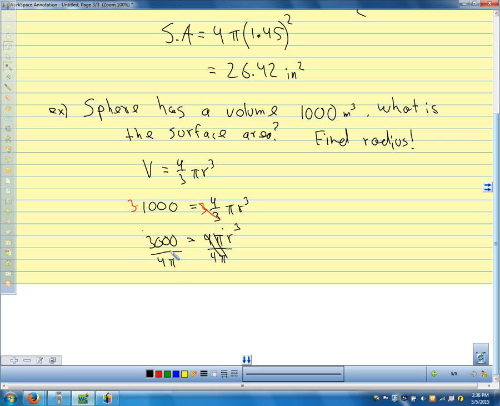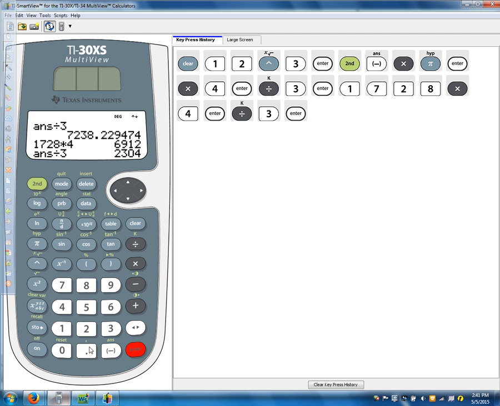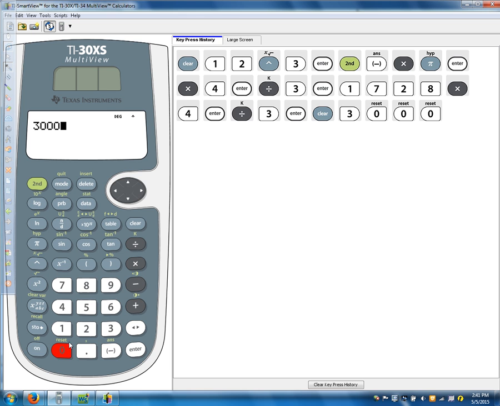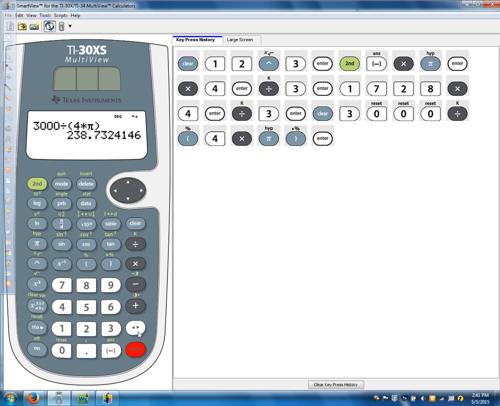If I plug that in my calculator, what I would do is 3,000 divided by, in parentheses, 4 times pi. I get 238.73.